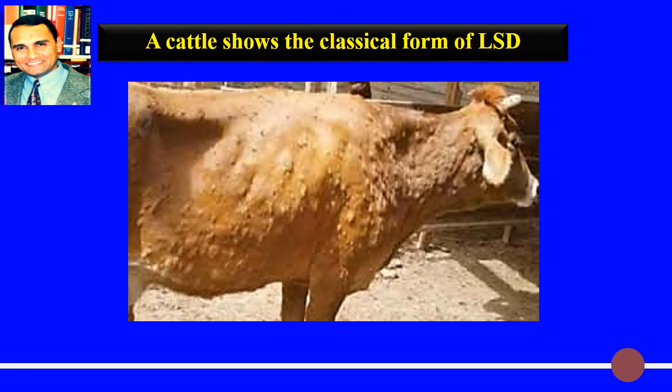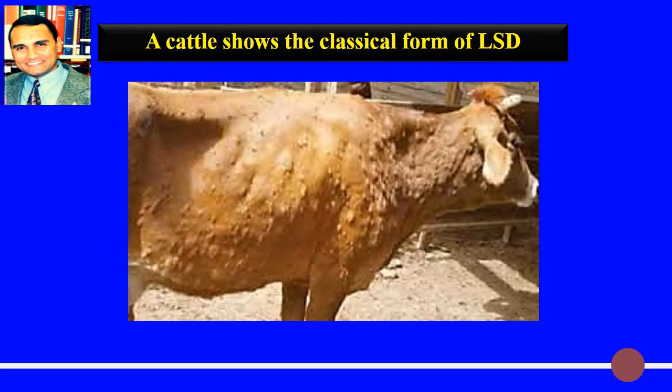Also, introduction of animals from African countries without quarantine due to political reasons, or smuggling of animals as an illegal way by marketers from Libya or Sudan, will also help in the spread of lumpy skin disease epidemics in Egypt.